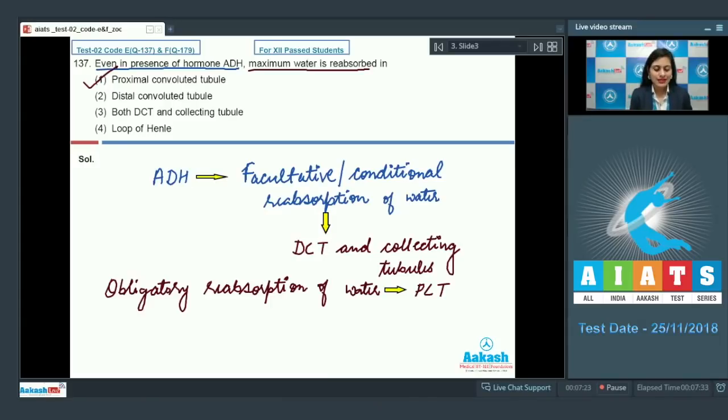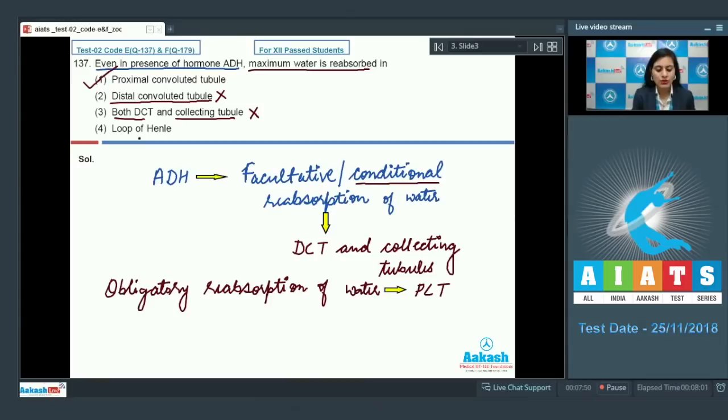Whereas the other options like DCT, distal convoluted tubule, is an incorrect option because here only conditional reabsorption of water occurs. In option 3, that is both DCT and collecting tubule, this is an incorrect option because in both these regions of nephron, conditional or facultative reabsorption of water occurs under the effect of ADH.